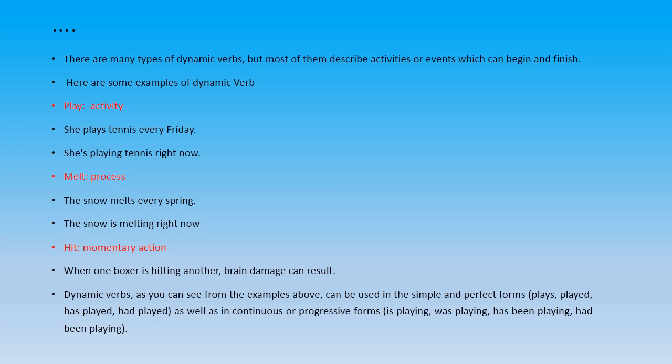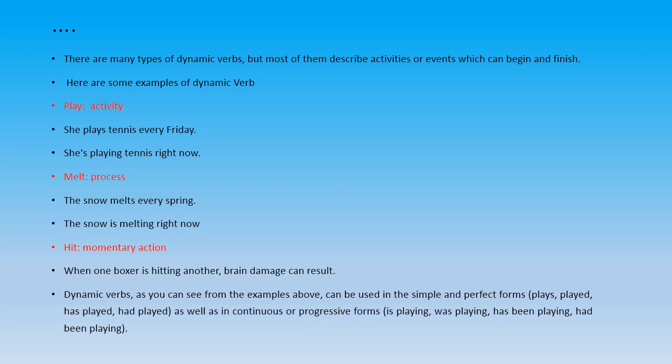Let's see with an example. She plays tennis every day and she is playing tennis right now. So both of these sentences are showing activity. Here it is showing activity in the present tense, and here it is showing activity in a continuous form.